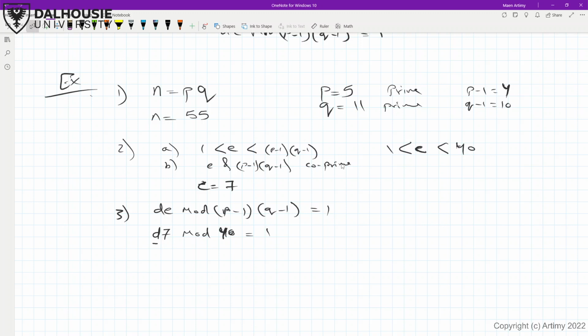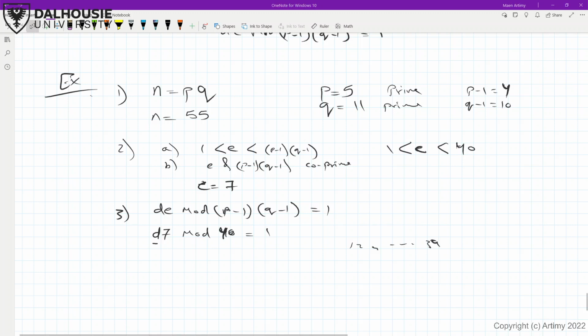And from earlier in the recording, I said that we can do trial and error, right? So we can try all the numbers 1, 2, 3, up to 39. So what is the number that we can multiply by 7 and we'll get 1? All right, so I'm going to pause, find the solution, and come back.